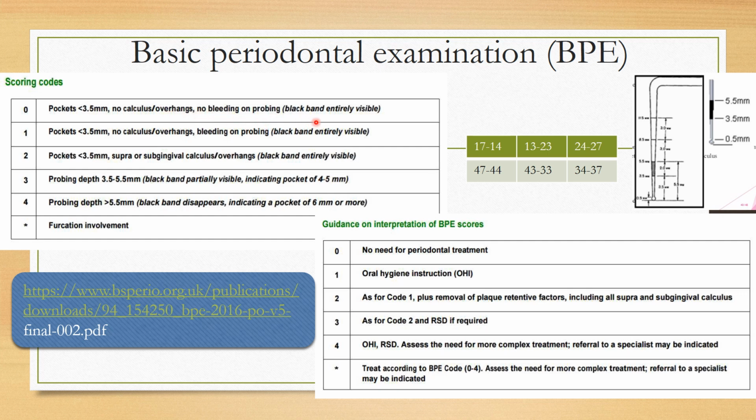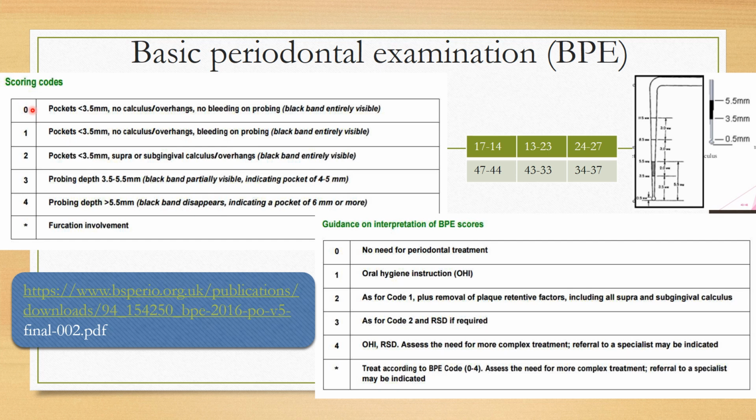The black band will be clearly seen, as we are using the WHO probe with a 0.5 mm ball end and color coding markings at 3.5 to 5.5, 8.5 and 11.5. Code 1 is bleeding on probing. Code 2 is pocket less than 3.5 with calculus or overhangs.